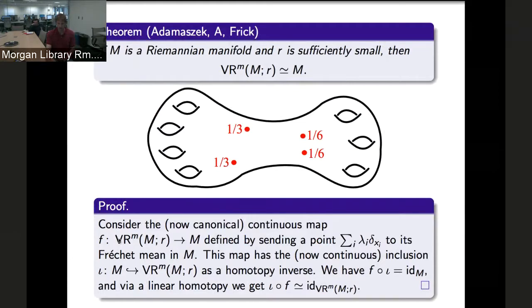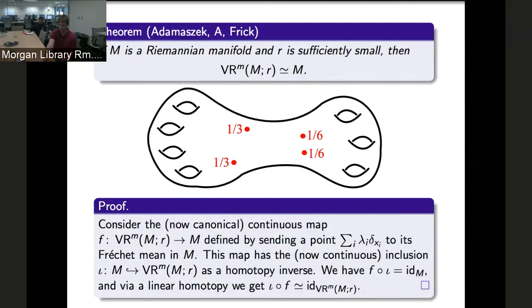So we need a map from the metric Rips thickening to M. That's going to be called F. And this is going to send a point in the metric Rips thickening, the sum over all i of lambda_i delta_{x_i}, to its Frechet mean. Here, in red, the red represents a single point in the metric thickening.